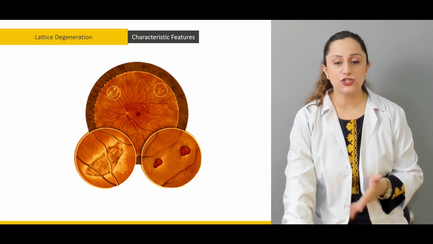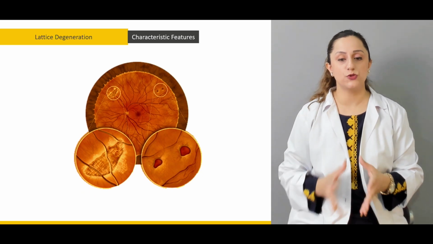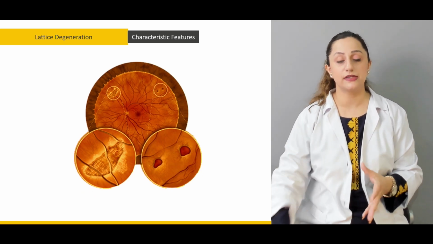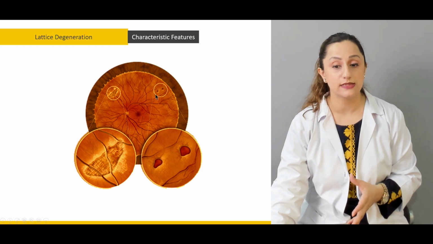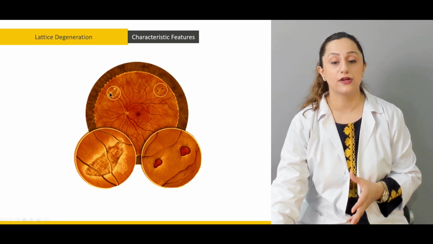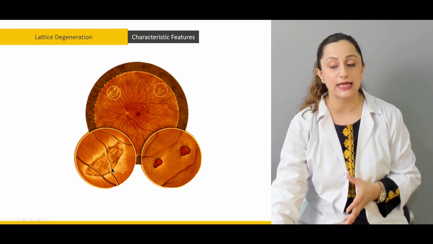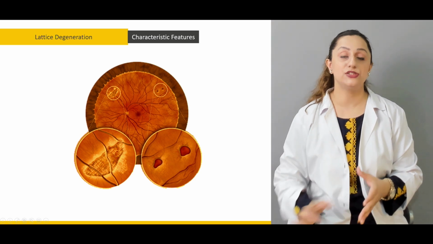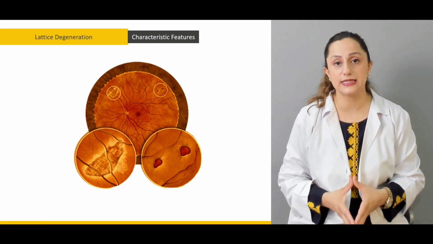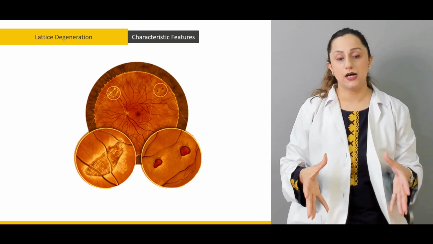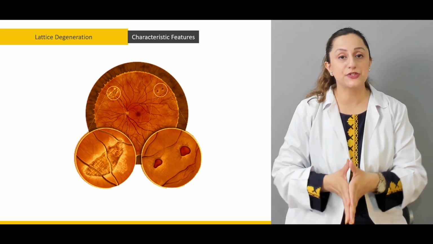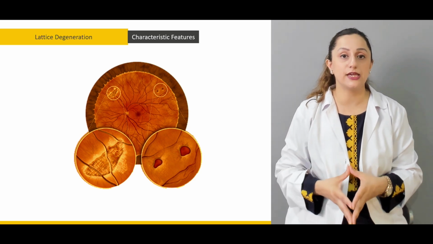The characteristic features would be, as you can appreciate even over here, the retinal holes. As you can see, there are these arborizing lines. The ora serrata is spindle shaped. These holes, arborizations, and retinal degenerative mechanisms point towards the fact that this particular case is going towards complications.